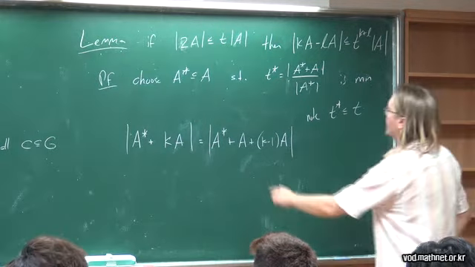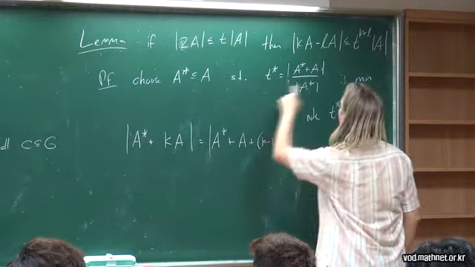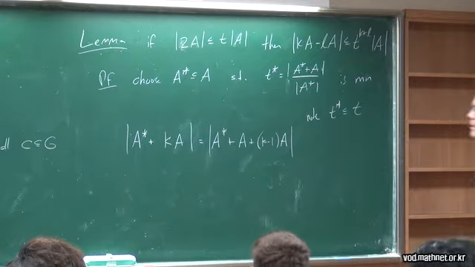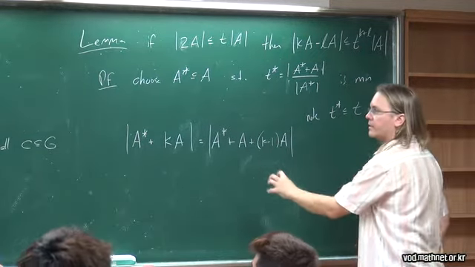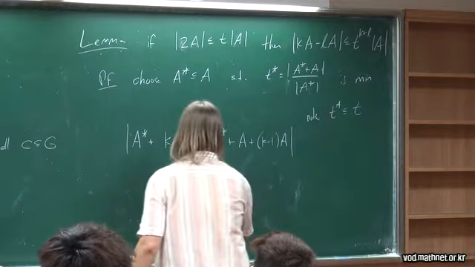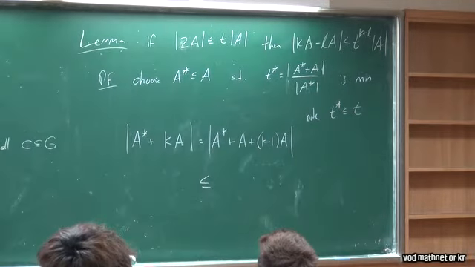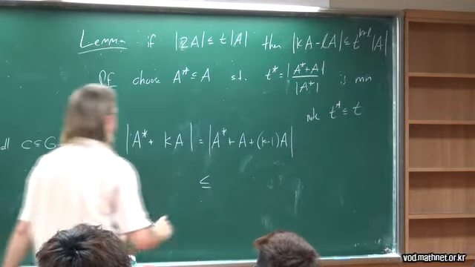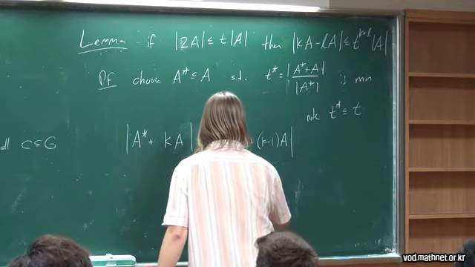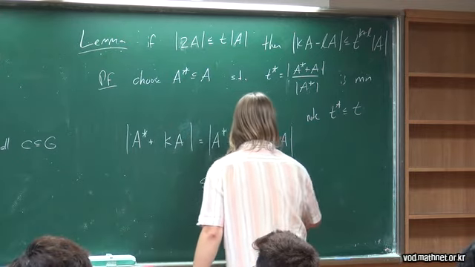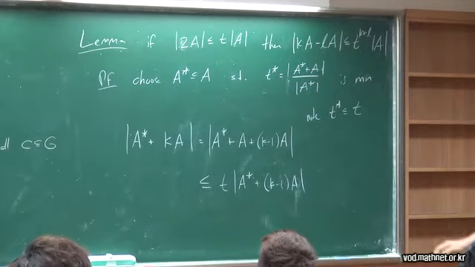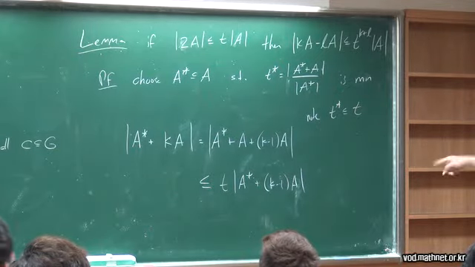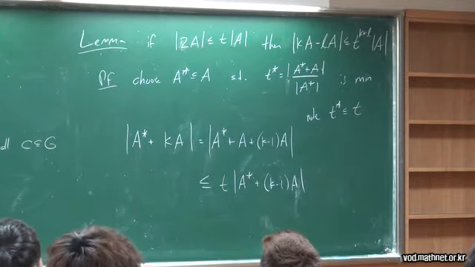So here A star is A star, and here A is my B. Petridis is telling us that the size of this set is at most T times the size of A star. And I can just do this again and again.